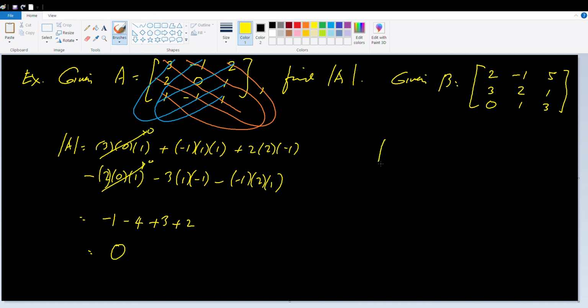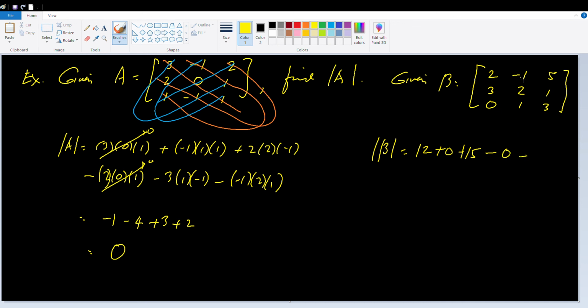Okay, so the determinant of P is equal to 2 times 2 times 3, that will be 12. Negative 1 times 1 times 0, that will be 0. And then 5 times 3 times 1, that will be 15. Then minus 5 times 2 times 0, that will be 0.